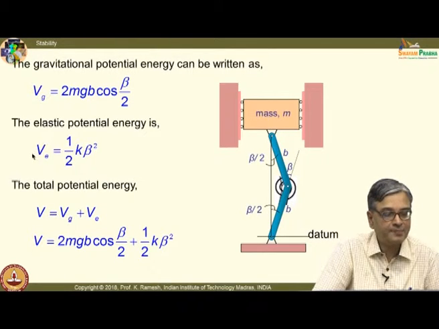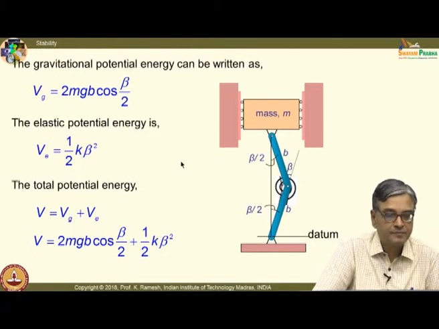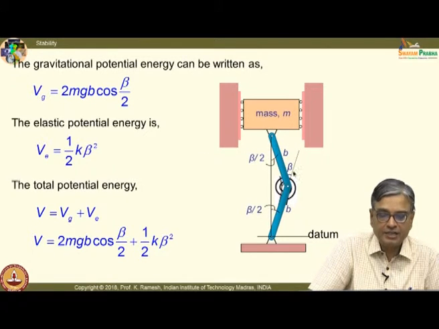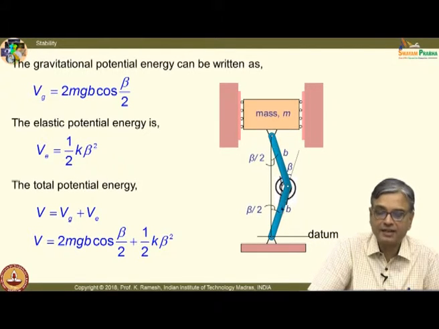So, I get the elastic potential energy as half of k beta squared. Here only gravitational potential energy and elastic potential energy are there. We have considered these as massless links.